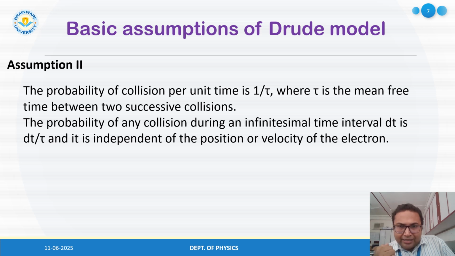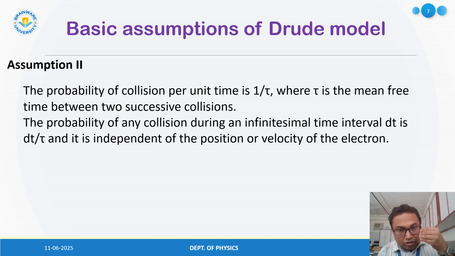Of course, in my case, there is a high chance that I will commit some accident, that means I will get collided with something. Very high chance. For the other rider, there are also chances of collision, but the chances are much less. This is the basic idea. But Drude said no. The probability of collision remains the same, no matter what is the speed of that electron.